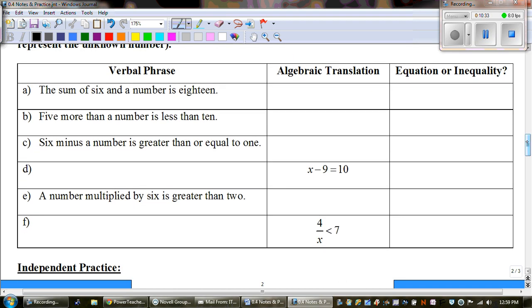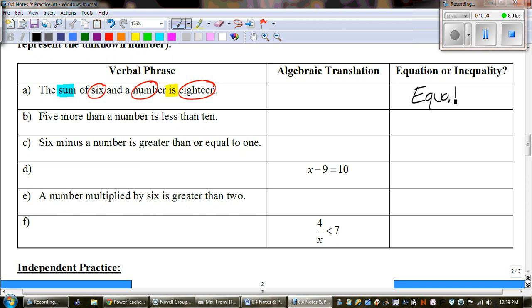Okay, so the sum of 6 and a number is 18. So the sum of 6 and a number is 18. Is that going to be an equation or an inequality? Well, I can't hear you. You're going to have to speak a little louder.